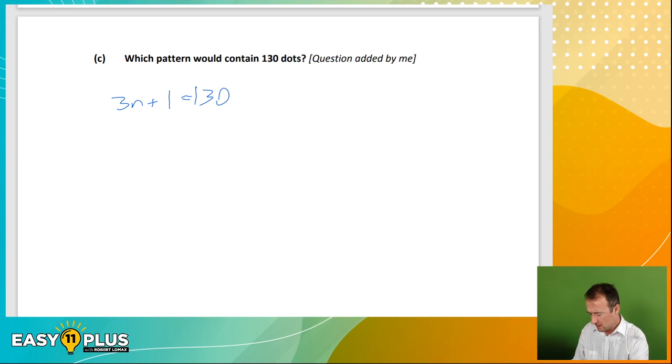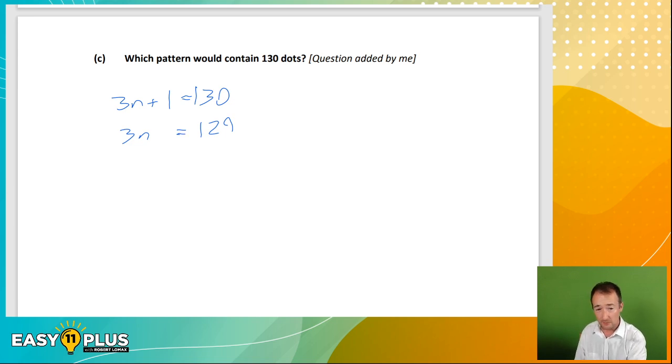Now, if you can solve an equation like this, even if you don't have brilliant, fluent algebraic technique, you just need to think about it sensibly. So, 3 times n and 1 more gives us 130. 3 times n and not 1 more is therefore going to be 129.